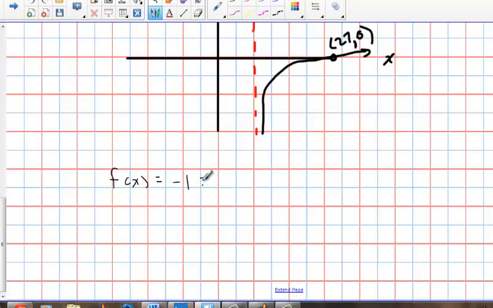So f of x equals negative 1, and that is equal to log base 5 of x minus 2, minus 2.